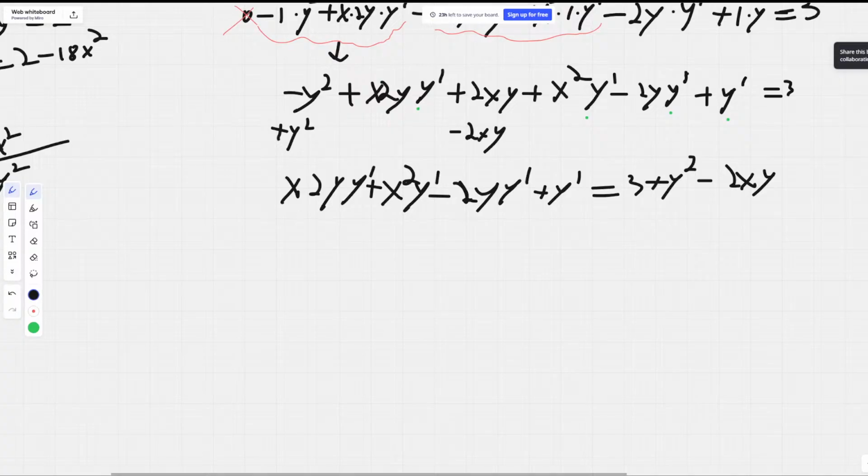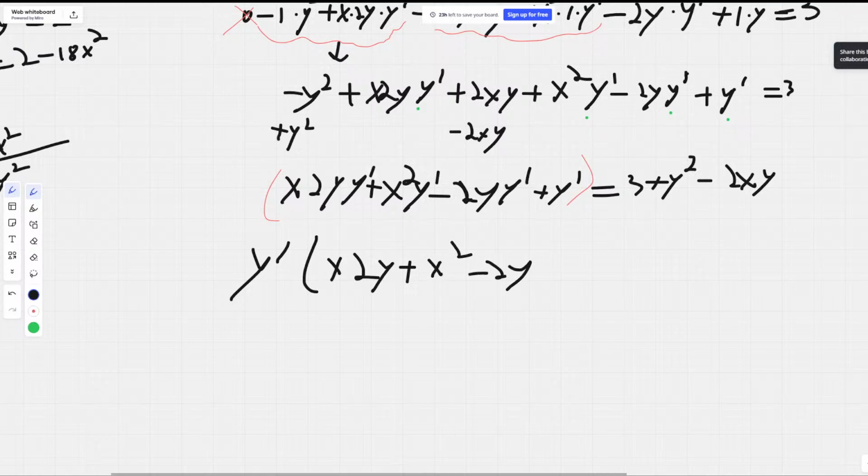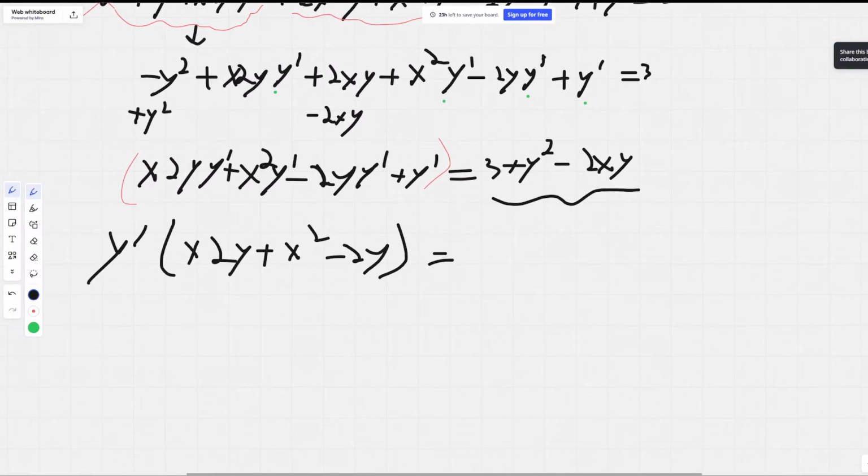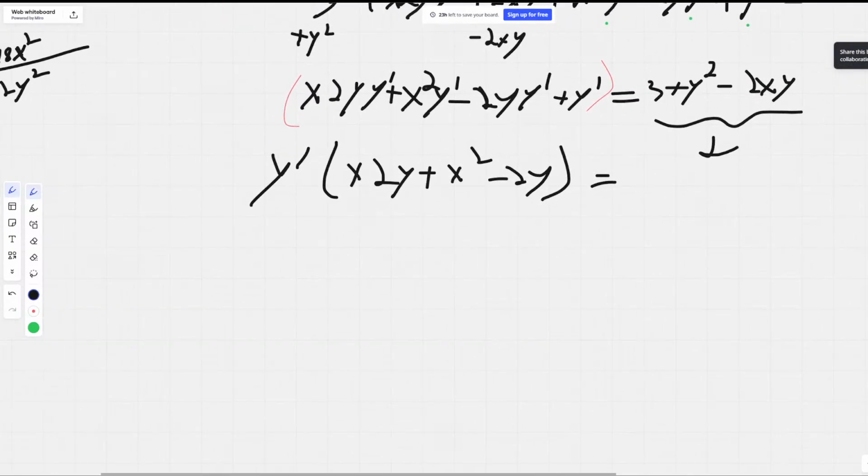That then leaves y prime in everything. Gives me access to the whole thing, which will be y prime times 2xy plus x squared minus 2y equals blah blah blah, which will then be y prime equal, apparently.